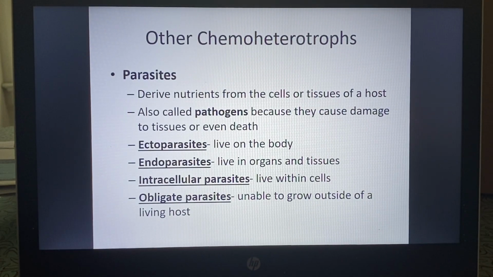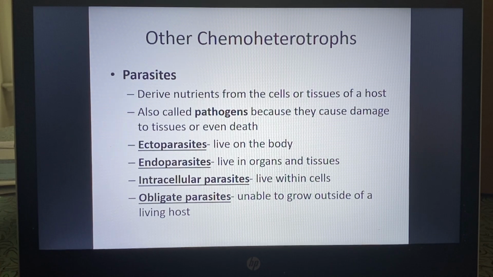I also want to define a couple of terms in terms of parasites, and we'll do our own parasite chapter on the larger parasites, but I just want to give you a couple of definitions. Okay, so the definition of a parasite is an organism that lives completely at the expense of another organism. Not only does it steal nutrition, but it basically causes damage.